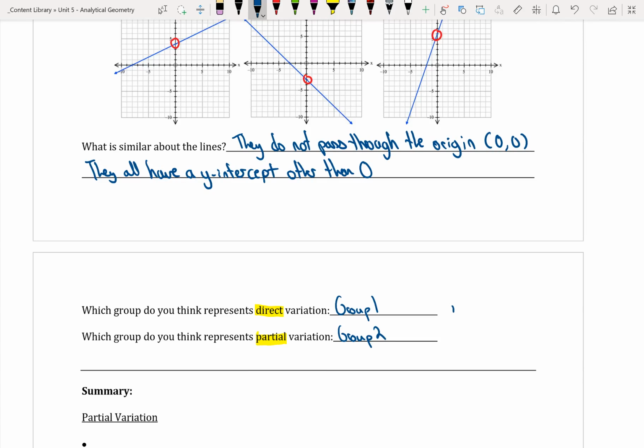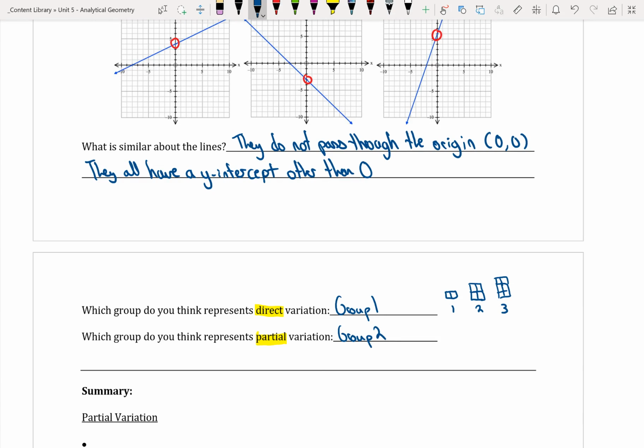Let's look at some patterns if we go back to what we looked at at the beginning of this unit. Direct relationships, or direct variation, means that if I look at my term 1, 2, and 3, the pattern is going to be directly related to that number. So for example, if term 1 is 2 squares, then I would say term 2 is 4 squares, and term 3 is 6 squares.